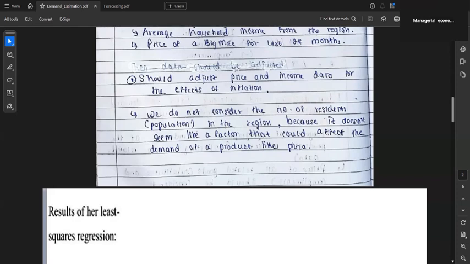We do not consider the number of residents in the region because it doesn't seem like a factor that could affect the demand for a product like pizza. So depending on the product, we have to consider the factors. In pizza demand, we cannot take population. For something like gas or coconut oil, products whose demand changes with the population, you can include the variable population.